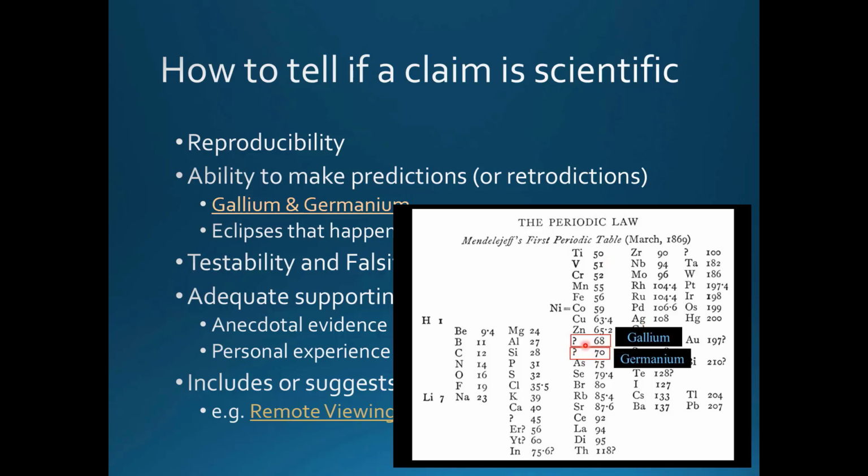He didn't know it, but that's what they were. And so then years later, we discovered gallium and germanium. And so Mendeleev was able to make the prediction of those two elements being discovered long before they had been discovered, simply because he was writing up his hypotheses in a very, very careful way. Okay.